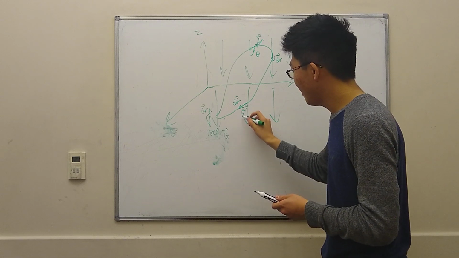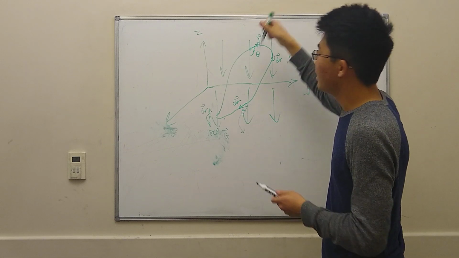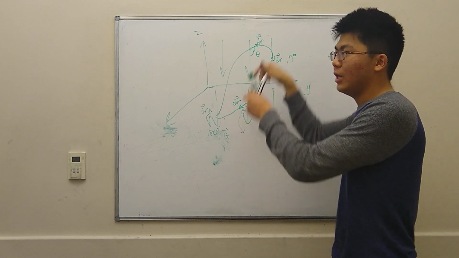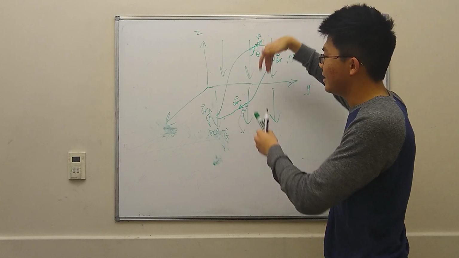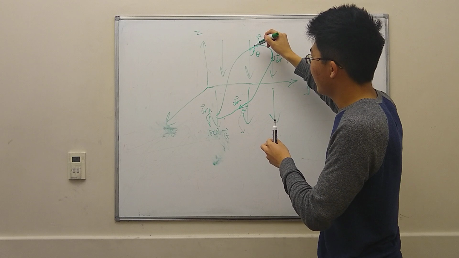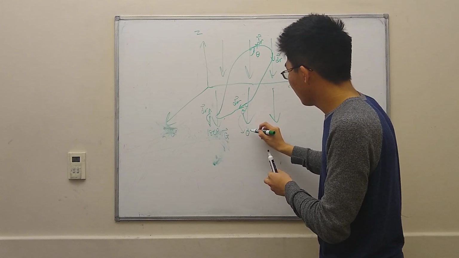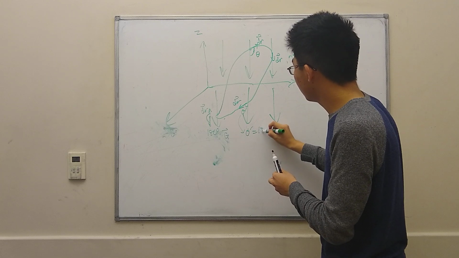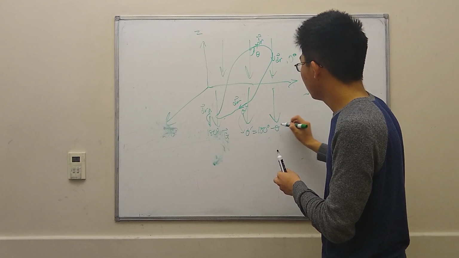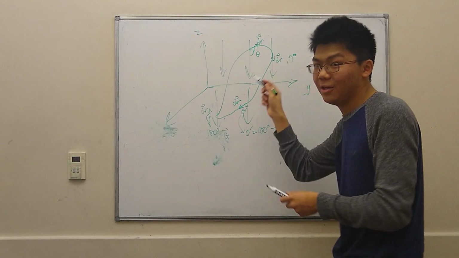Theta prime, from what it looks like, due to the symmetry of the gravitational field, since it's all pointing downward, is the complement of the angle theta.